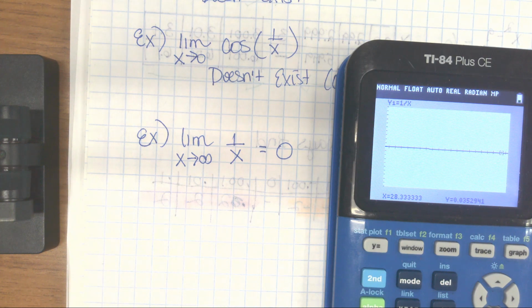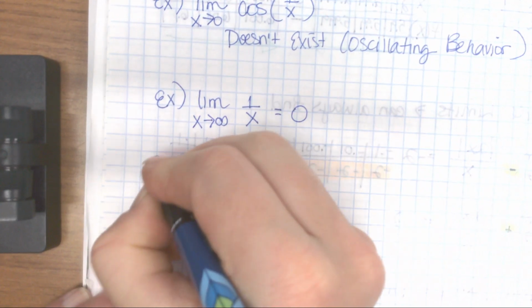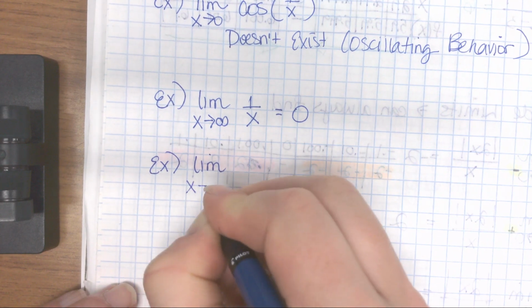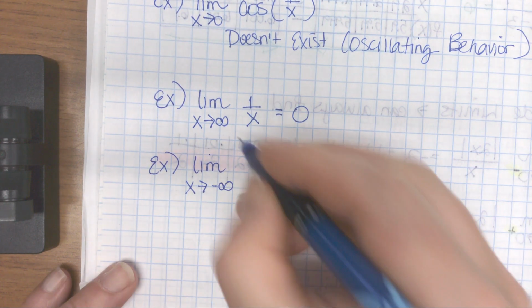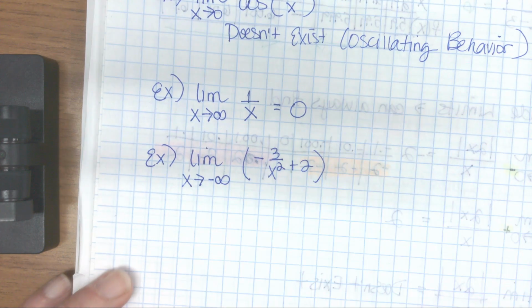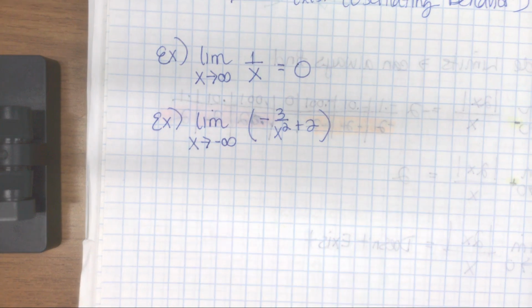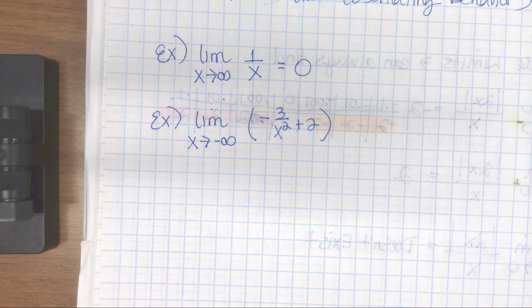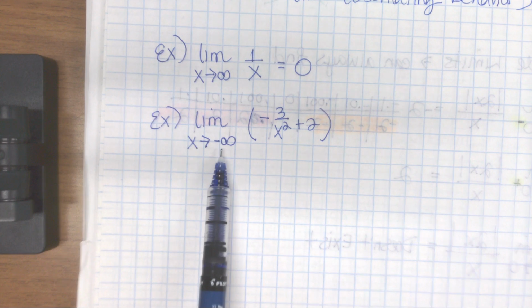Okay, that makes sense. Let's take a look at something like this then. What if I asked for the limit as x goes to negative infinity of negative 3 over x squared plus 2? We are going to look at this graphically again, but especially because some of you are taking calculus, I want to talk about this one. Quick question here.